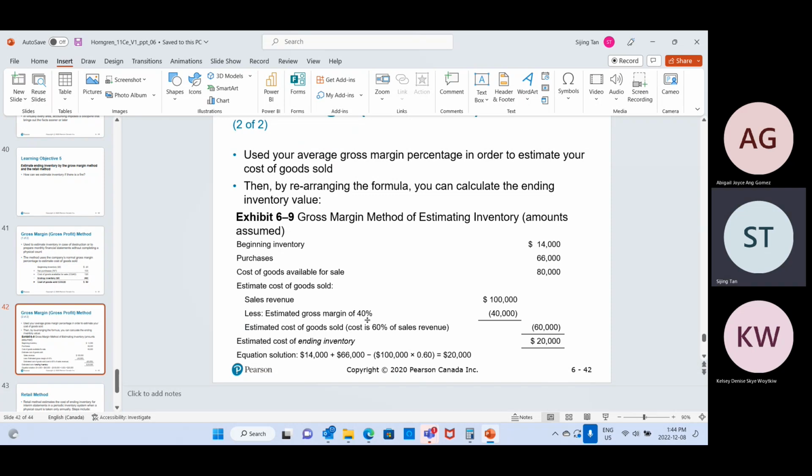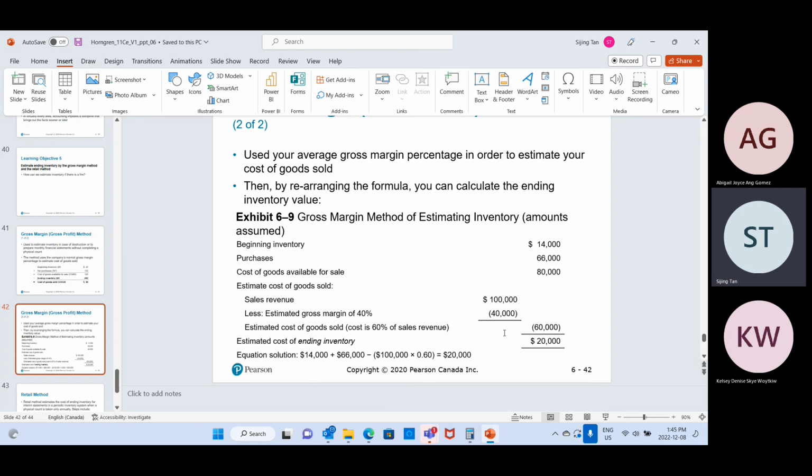But just for this example, to remember it simply, if they give you a gross margin of 40%, then the estimated cost of goods sold will be 60%. That is 1 minus 40%. Okay. So whenever they give you the gross margin percentage and the sales revenue, you can easily calculate the estimated cost of ending inventory.